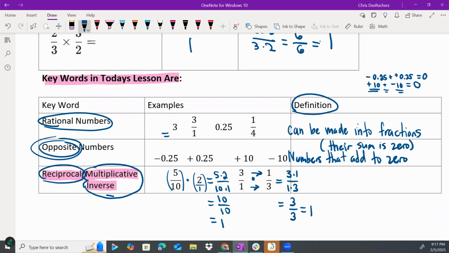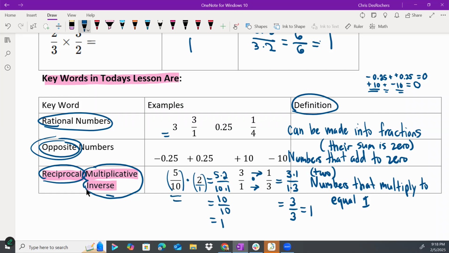So these reciprocals or multiplicative inverses are two numbers that multiply to equal 1.